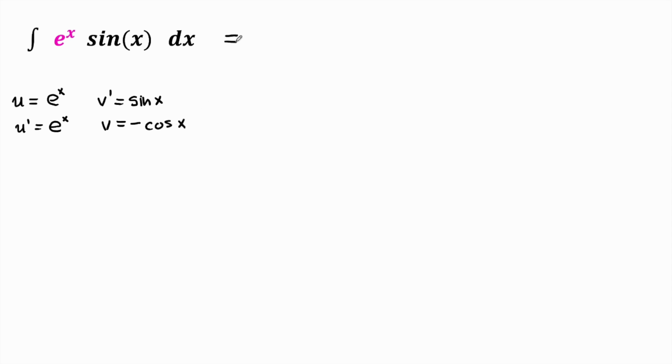Then this integral is going to be equal to u times v, which is negative e to the x times cosine x, and then minus the integral of the exponential function times negative cosine, so it's going to be positive e to the x and cosine x dx.